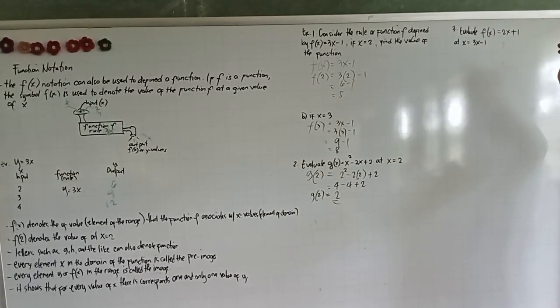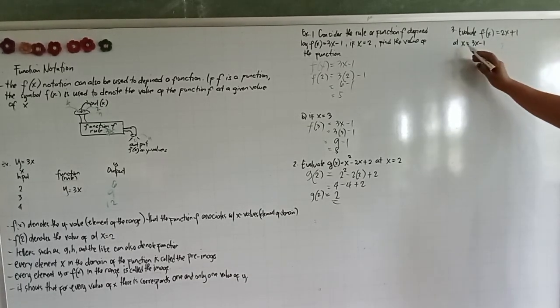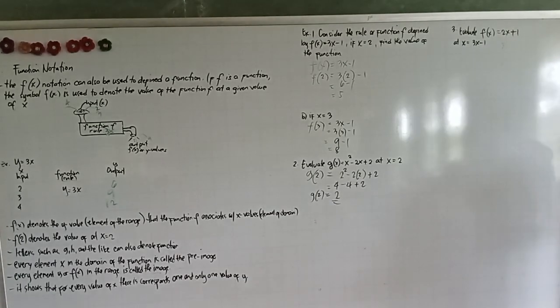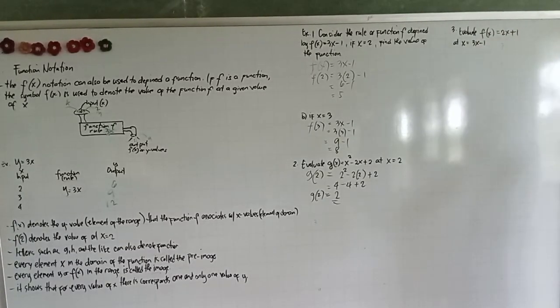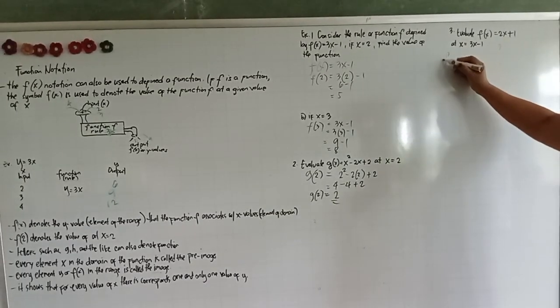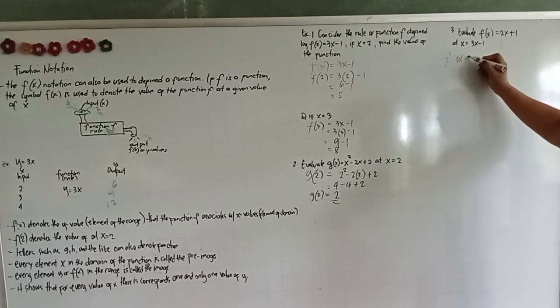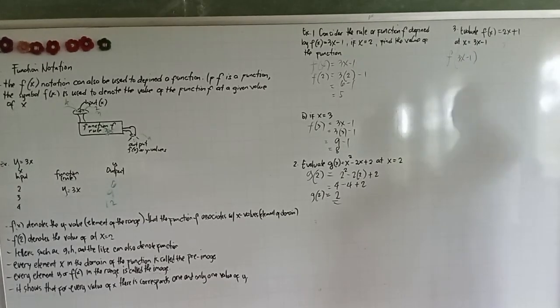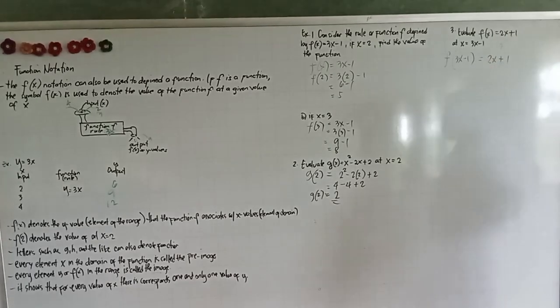Evaluate f of x equals 2x plus 1 at x equals 3x minus 1. Okay, so we will evaluate using the notation at x equals 3x minus 1. So our value of x is 3x minus 1. Okay, so our rule is 2x plus 1.